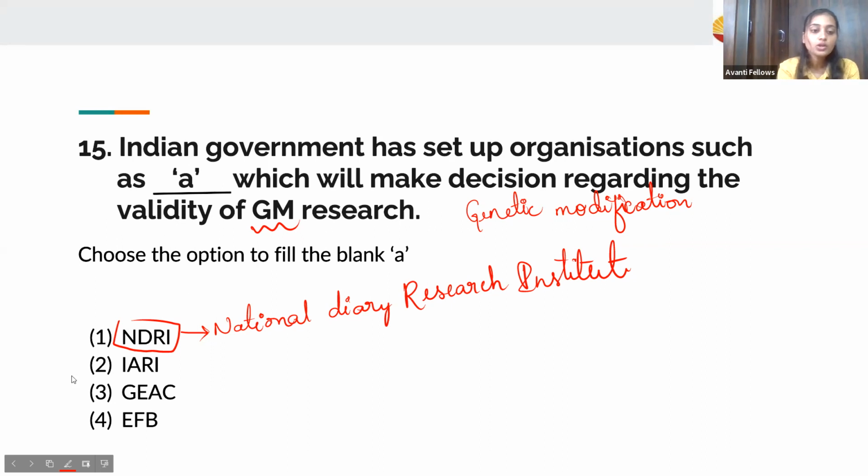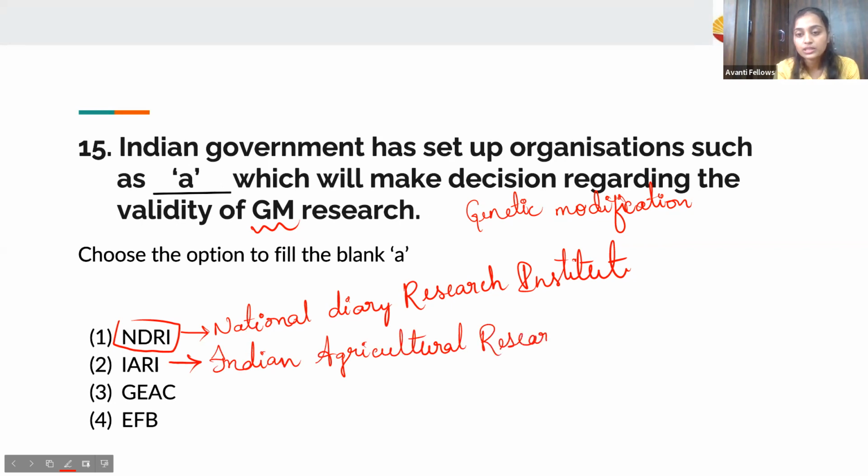What is IARI? IARI is the Indian Agricultural Research Institute, which takes care of agricultural products.